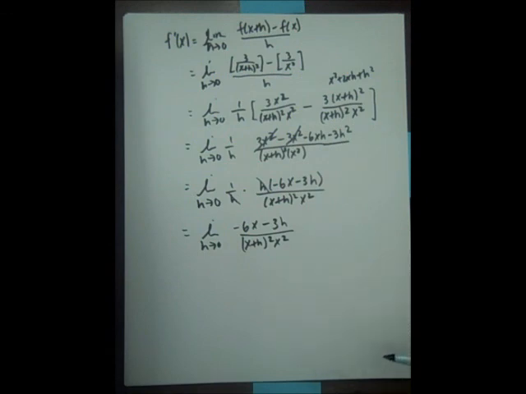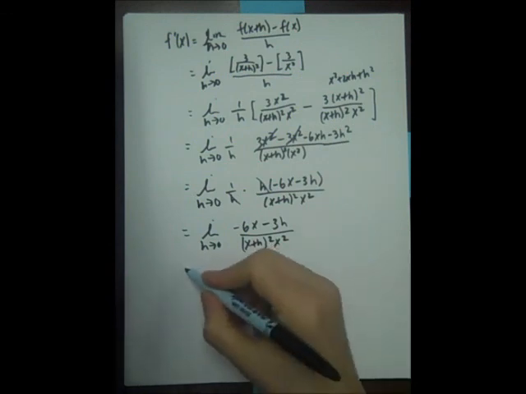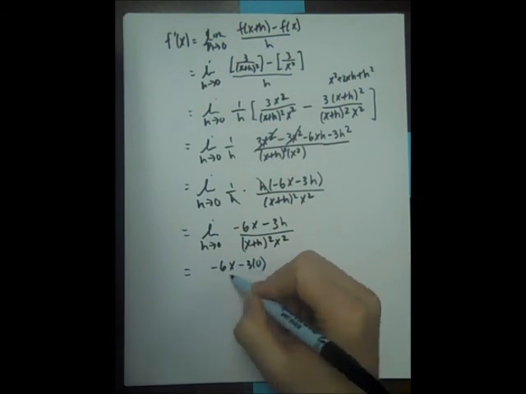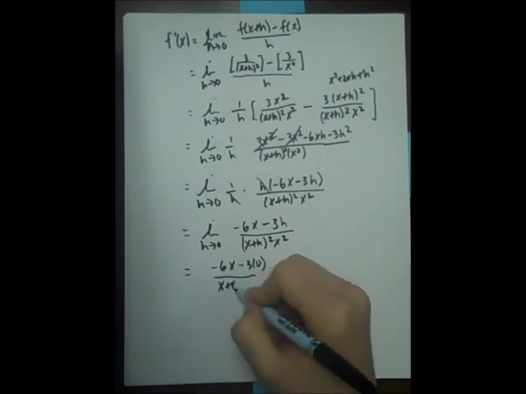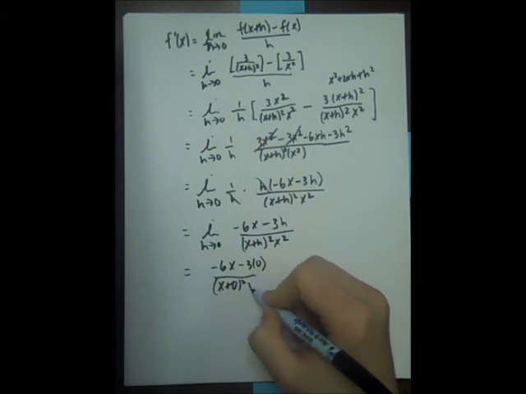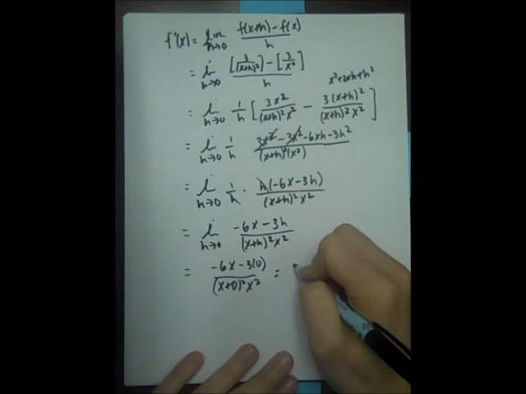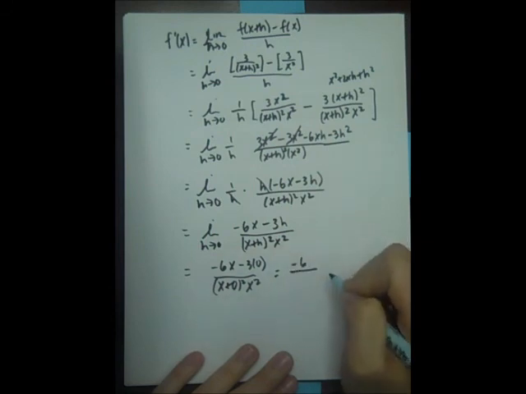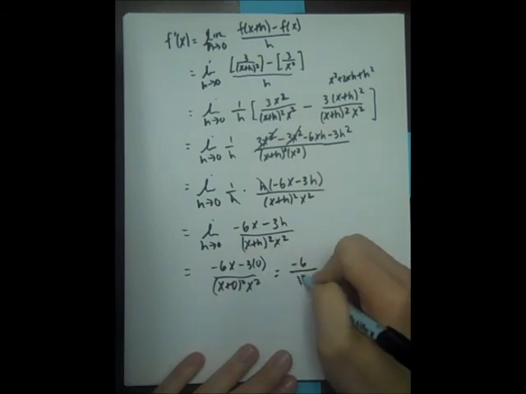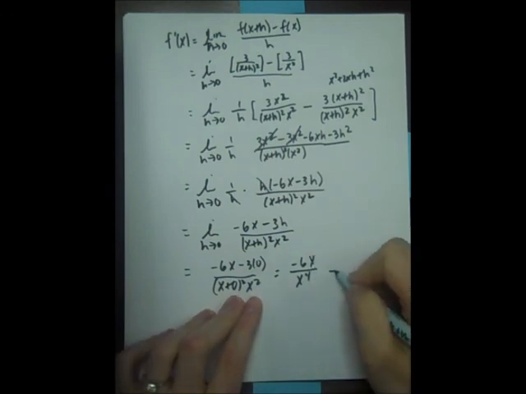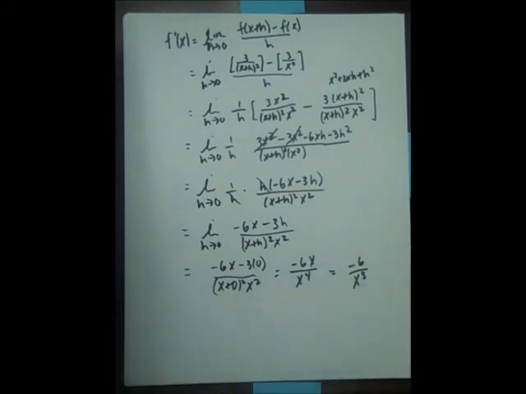Can I plug in 0 for h at this point? Yes, because I won't be dividing by 0, so it'll be negative 6x minus 3 times 0 over (x plus 0) squared x squared. Well, 3 times 0 is just 0, so I get negative 6x over x squared times x squared, which is x to the 4th. And now my x's will cancel, so I get negative 6 over x cubed.